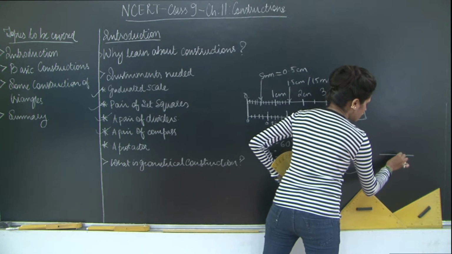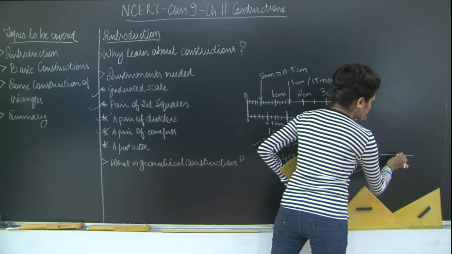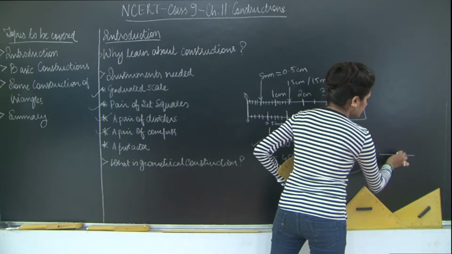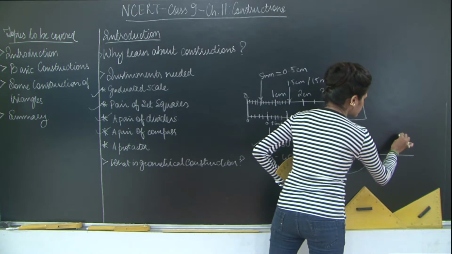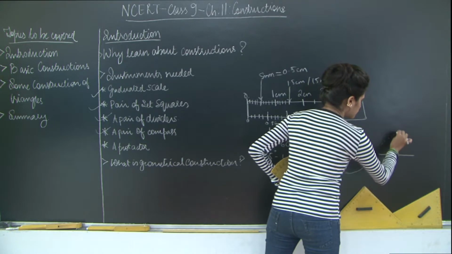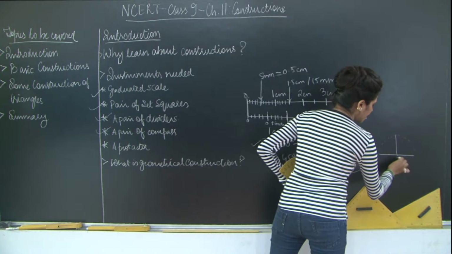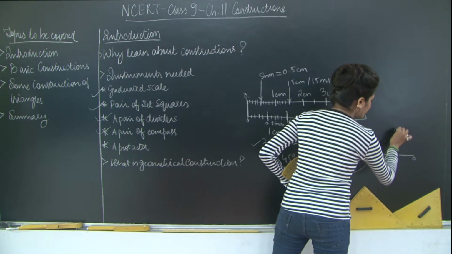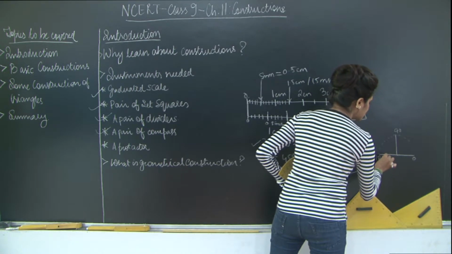If this is your protractor out here and you start counting from here, then very important angles are 0 degree, 90 degree and 180 degrees.